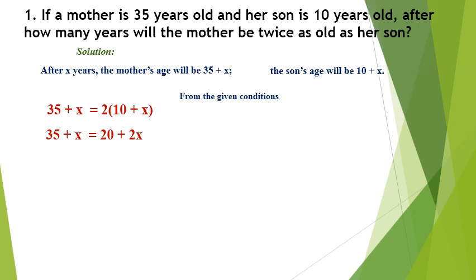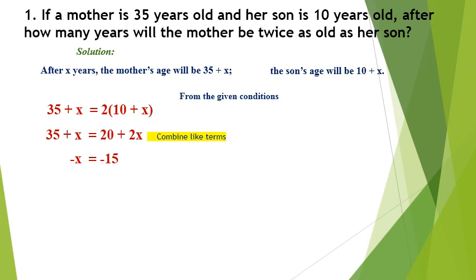And copy down 35 plus x, the terms in the left side of the equation. And from this equation, we should use combining like terms once again. So 35 plus x is equal to 20 plus 2x. We'll look for the similar terms.